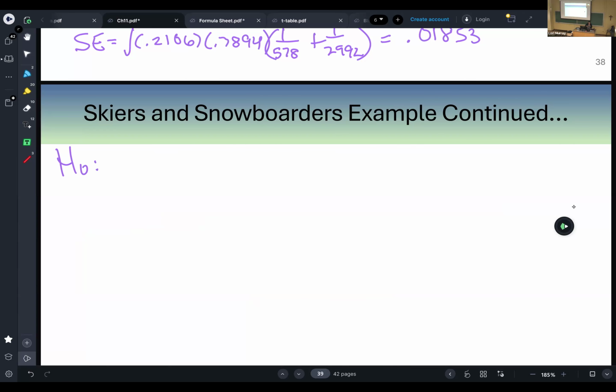The null hypothesis is the claim that we want to test, and we want to test that the difference is equal to 0, versus HA, which is going to be the difference is less than 0.